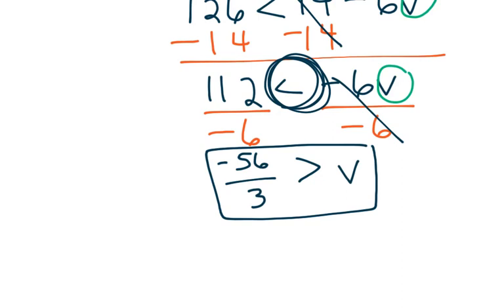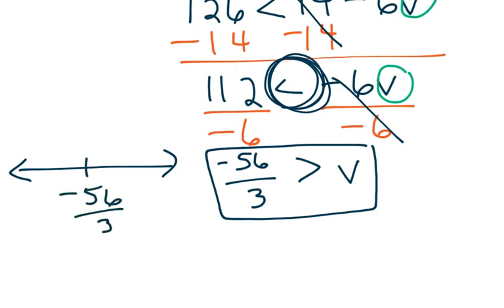Now, just like before, you may be asked to give your answer in interval notation, so you want to be able to draw yourself a picture of what this looks like. If I draw a number line here, negative 56 over 3 is about negative 18.6, so it's about there. This inequality does not have a line underneath, so that means this is going to be an open circle.